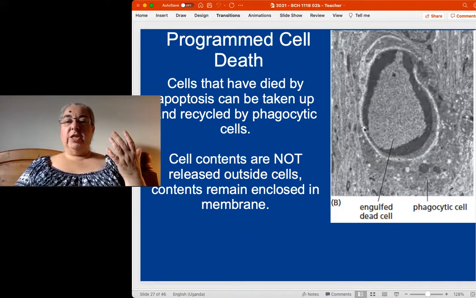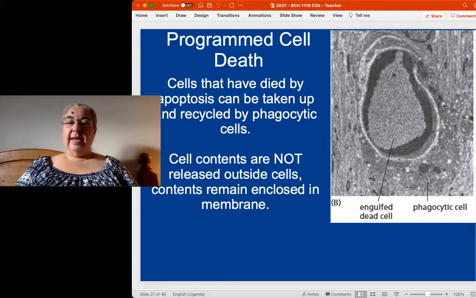This macrophage can carry out that process of breakdown and recycling. So nothing has been released outside the cell. The inside cell here is still enclosed in its membrane, and it's now also contained in the membrane of the phagocytic cell outside it. So this little cell is inside the phagocyte.